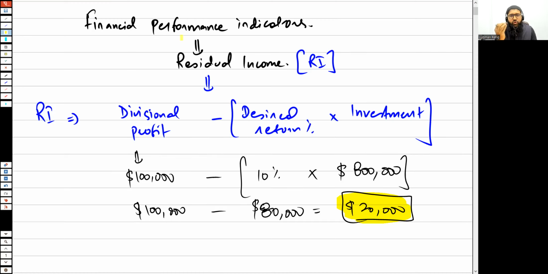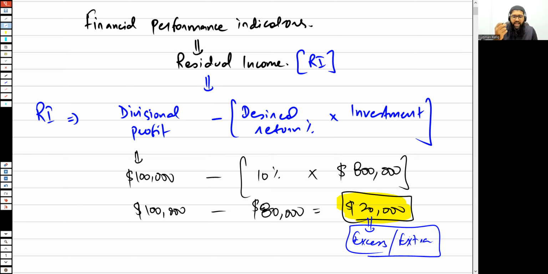Now, what does this residual income of 20,000 actually mean? It means that this is the excess, the extra amount that the business has earned over and above the amount desired by the providers of finance or the investor.